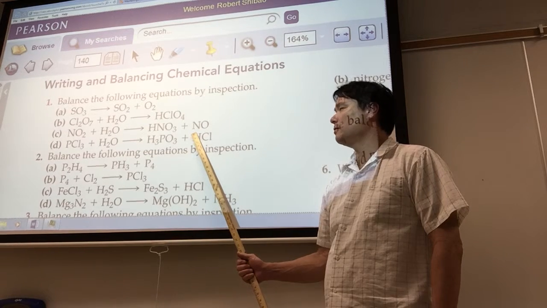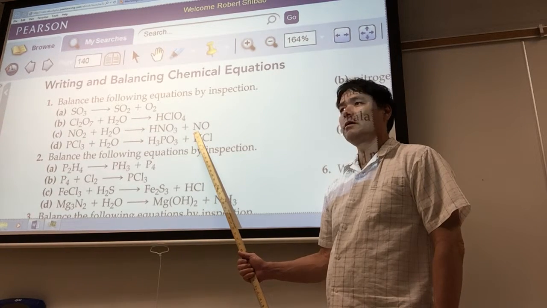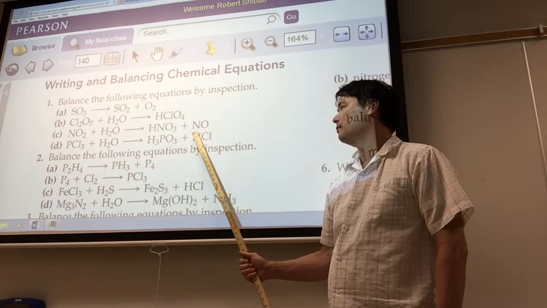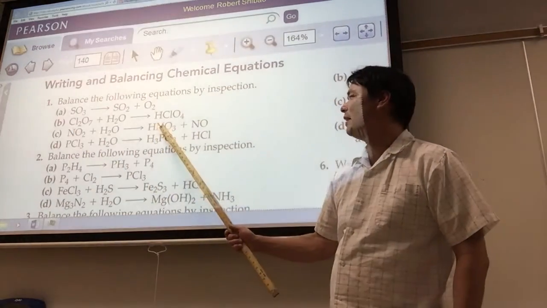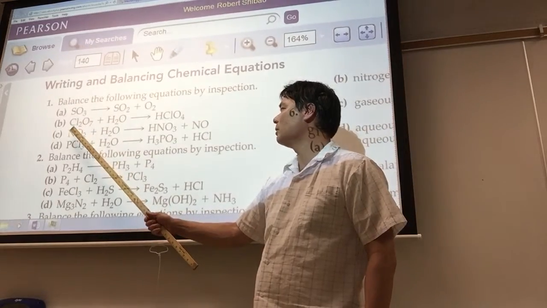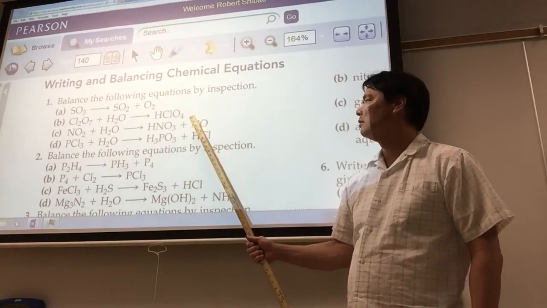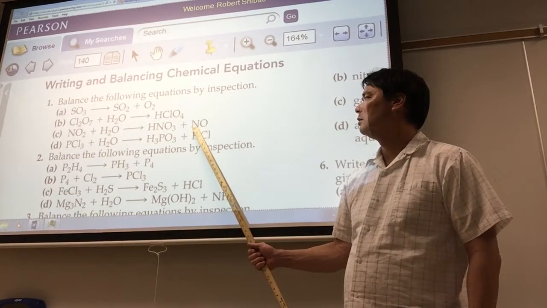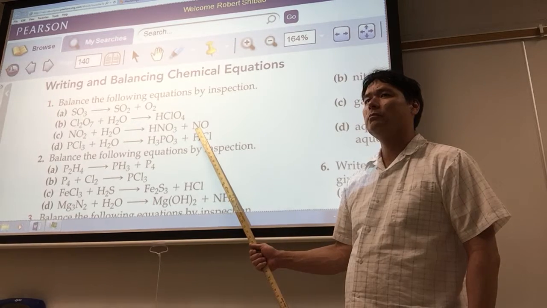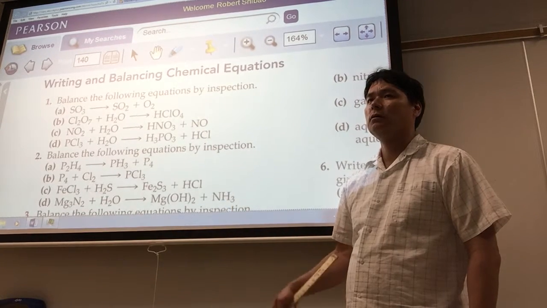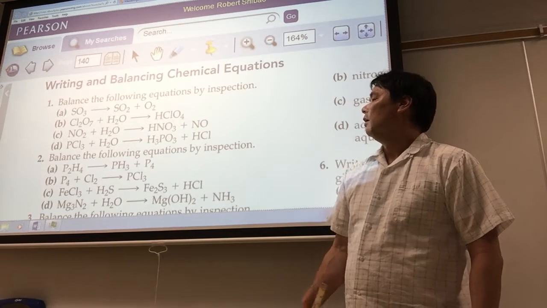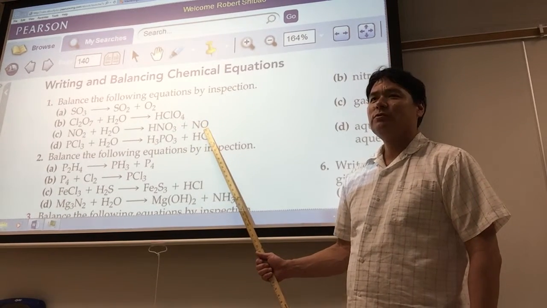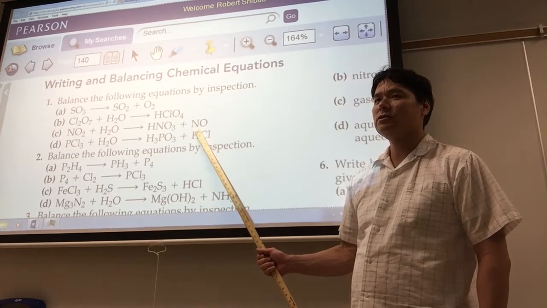What is it for nitrogen? No, not 3. +2. And so what happened to nitrogen here? It went from +4 to +5, and also +4 to +2, because the oxygen is -2, and therefore nitrogen has to be +2.